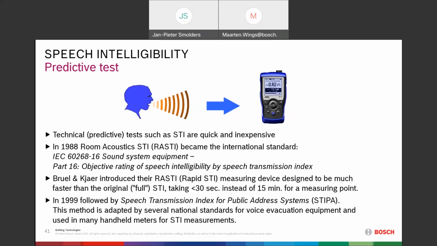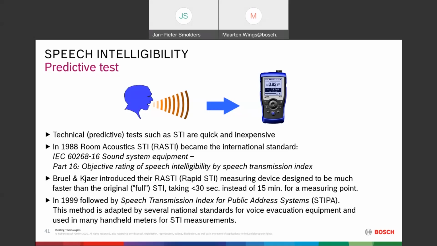You can do that with measurement devices like here, where you can measure the STI, the speech transmission index. Now this was actually from 1988 when the STI room acoustics became the international standard as described in the IEC 60268-16.